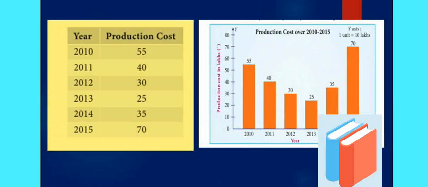What is the title here? Production cost over the years, this is given, this is the title, okay? And the year you just write down. So 2010, what is the production cost? 55. So you draw one rectangular bar. This is a bar diagram. Leave some constant gap for each production cost. So this is an example for a bar diagram.